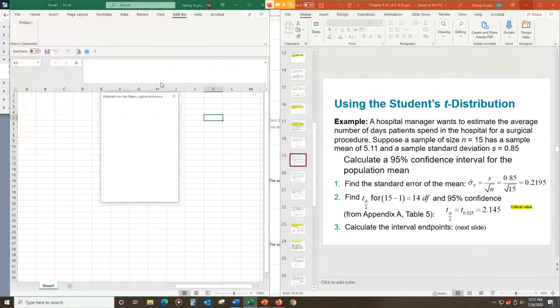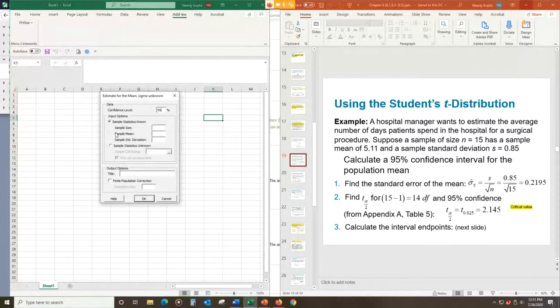So we click on that and then this opens up. It needs the confidence level. So 95% is my confidence level, so we are providing 95. Now there are two options. One is sample statistics known and one is sample statistics unknown. What does sample statistics known mean? That you are given the sample size, the sample mean, and the sample standard deviation.